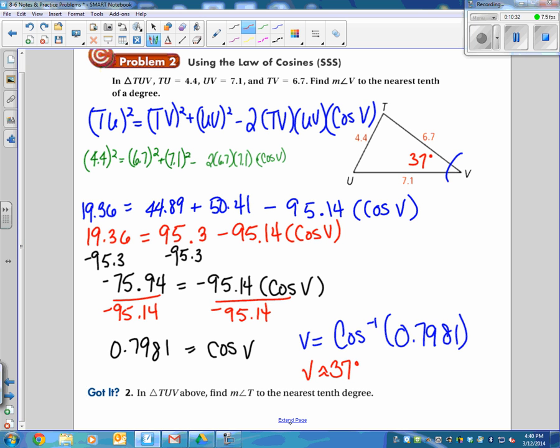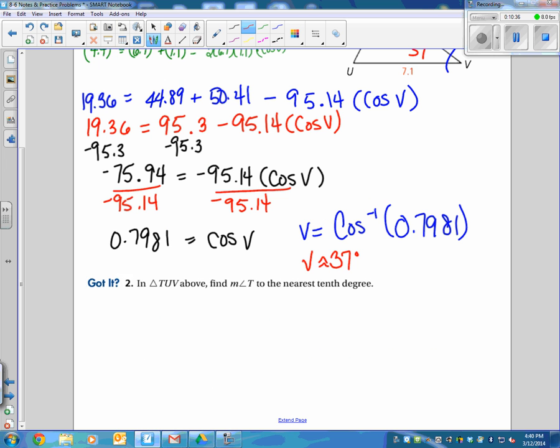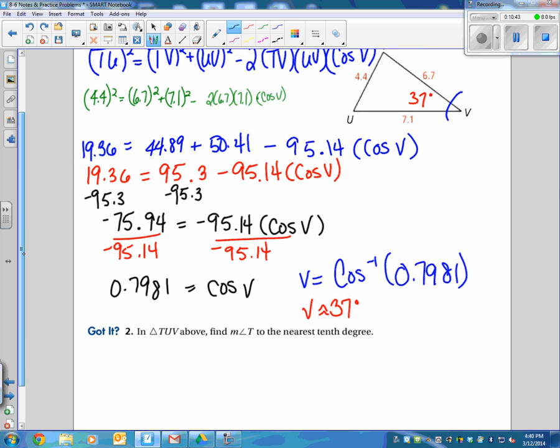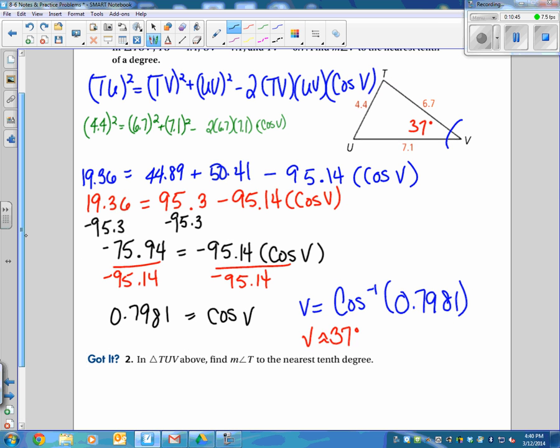Now, the next thing we want to know is how can we find angle T? Okay, we'll do the same thing. We're looking for angle T, so that means that we'll use the side across from T as our answer.